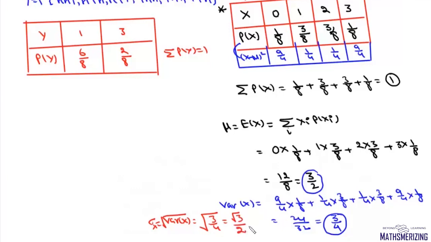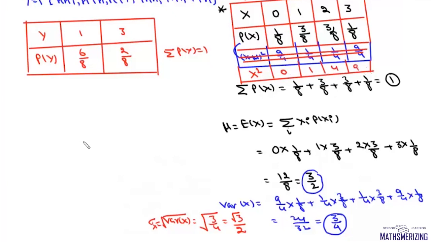We can calculate this variance using the other formula, and for this other formula we take x square. So in this table, rather than taking this, we'll simply take x square. Here 0 square is 0, 1 square is 1, 2 square is 4 and 3 square is 9.